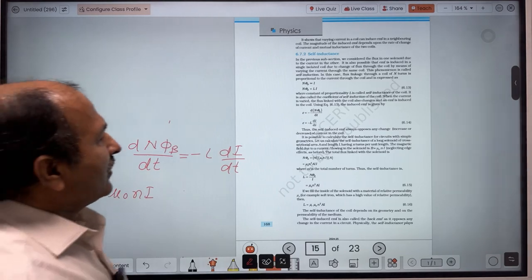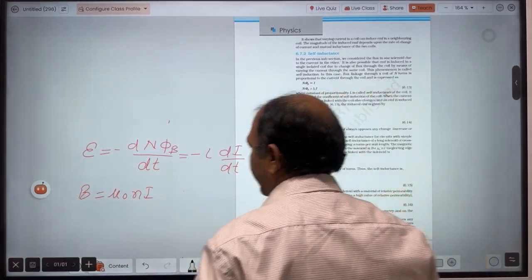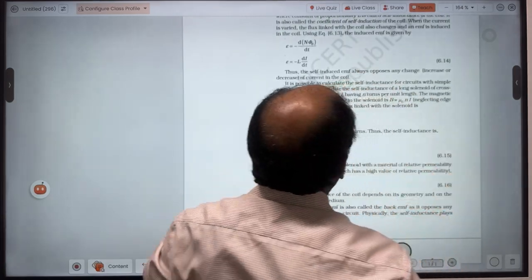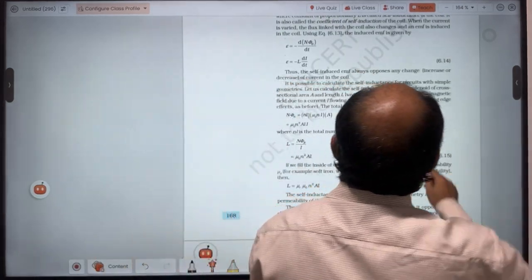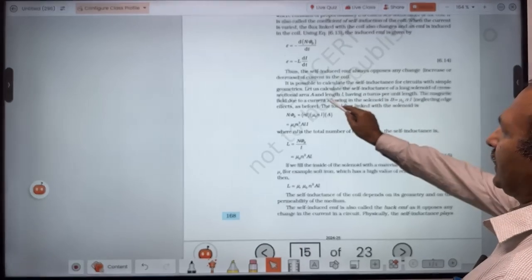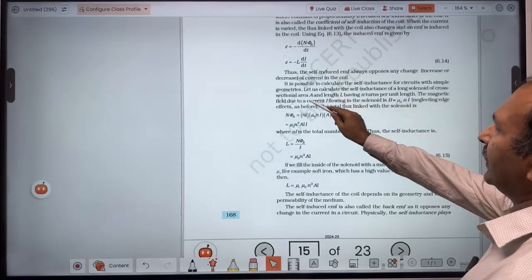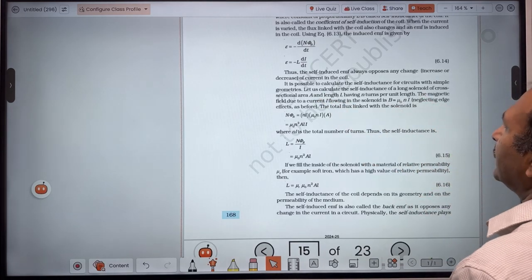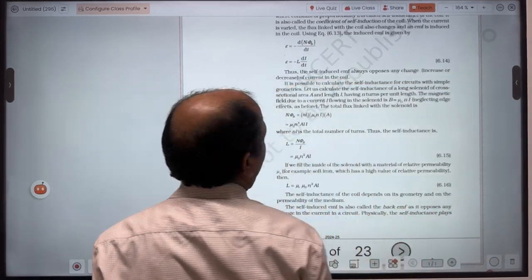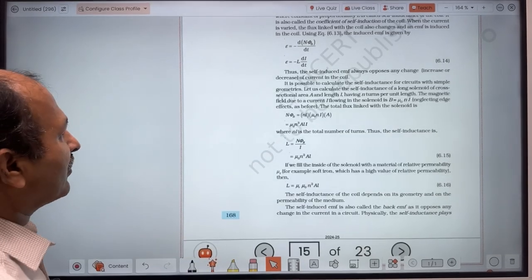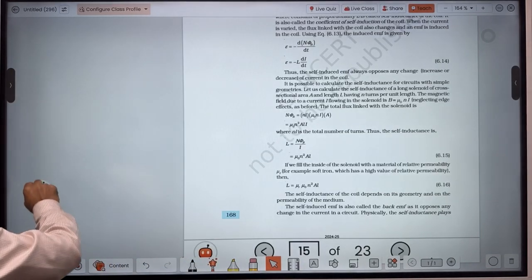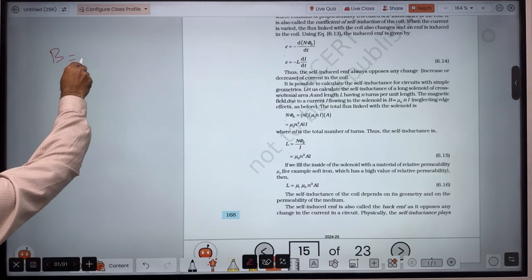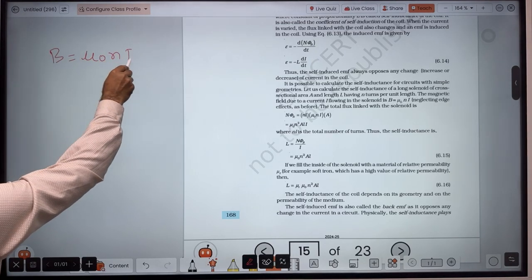To consider the flux, suppose the length of the solenoid is l and the area of each section is A, and there are N turns. Then the magnetic field due to current I flowing in the solenoid is given by B equal to mu naught n i, as I have told you earlier also.